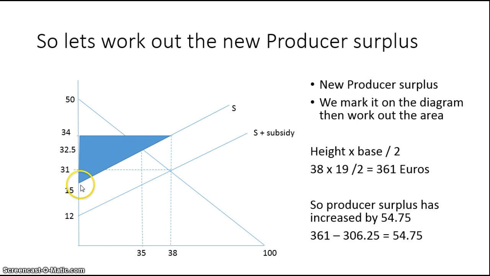And again, because there's more producer surplus now, because the suppliers get this extra bit of money from the government, this subsidy, their surplus also increases, which means 38 times 19 divided by 2, 361 euros. So again, the same as the consumer surplus, because these are the same. So 54.75 euros is their increase in producer surplus.